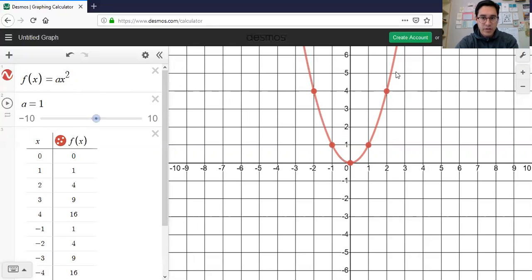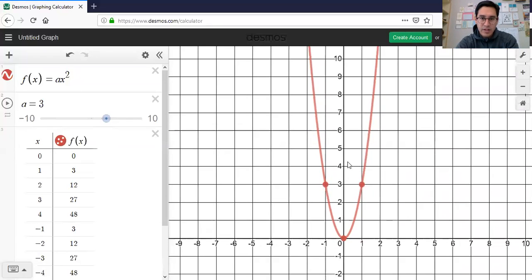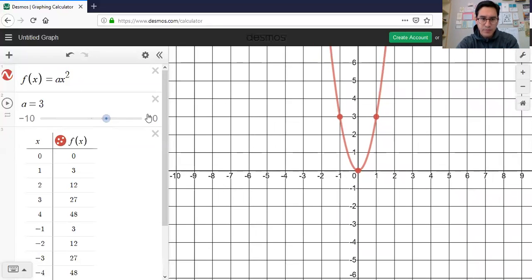We call it the parent function. It's the simplest parabola or quadratic function we can graph. And then as we make that coefficient a larger number, such as 3, you saw those points shifting up, right? And so that's stretching our parabola vertically.